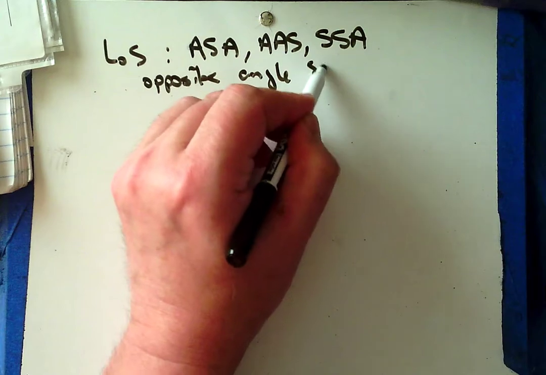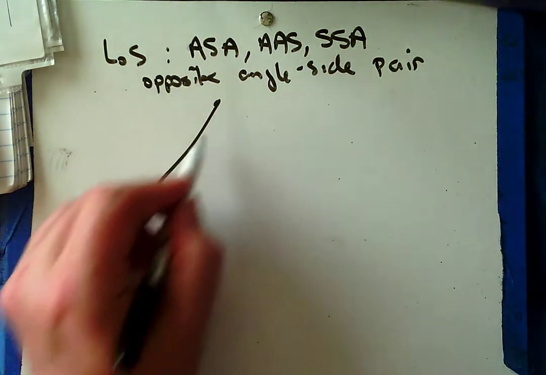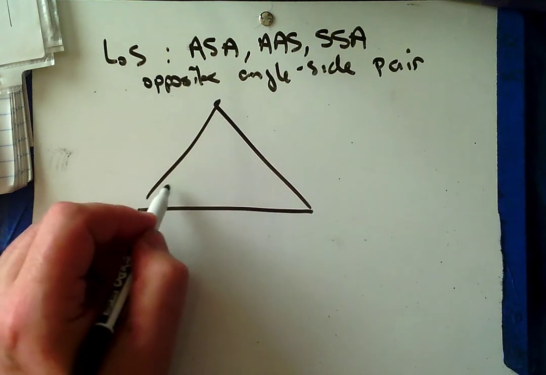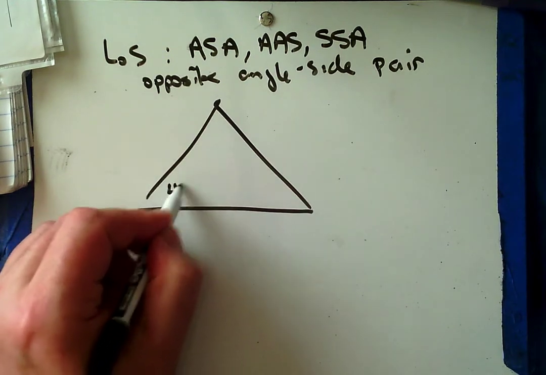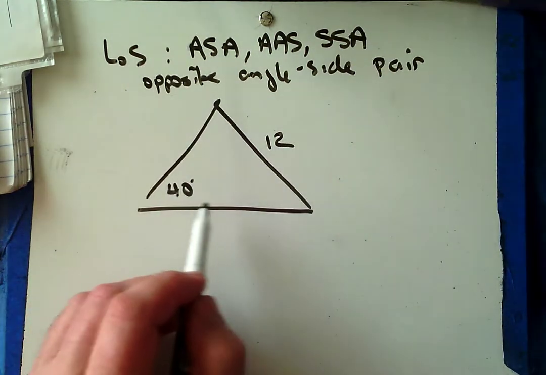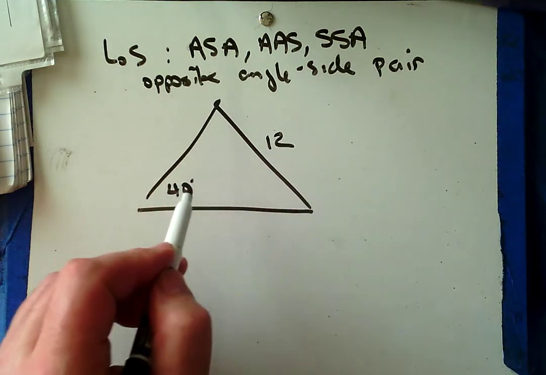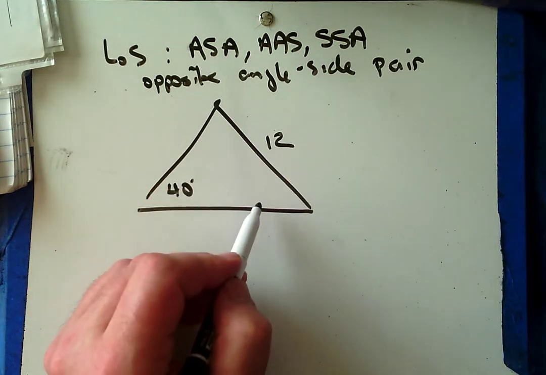angle side pair. So if I have a triangle like this one, and I know that this is 40 degrees and this is 12, then this is a situation where I can use law of sines because I have an opposite pair. I have an angle and I have the side across from it.